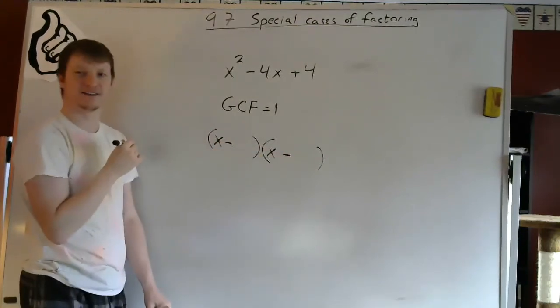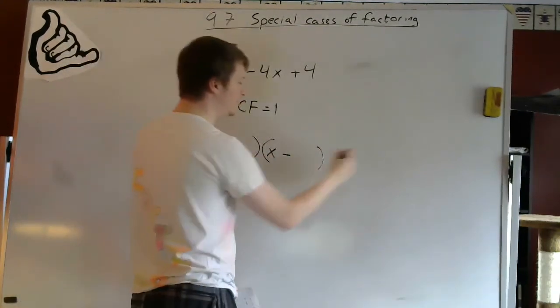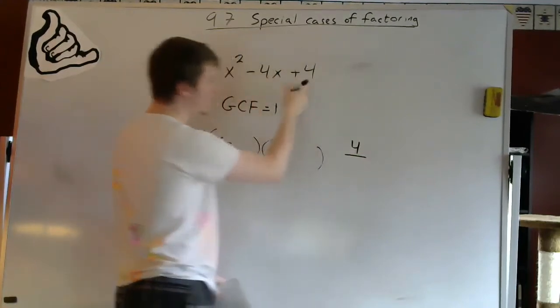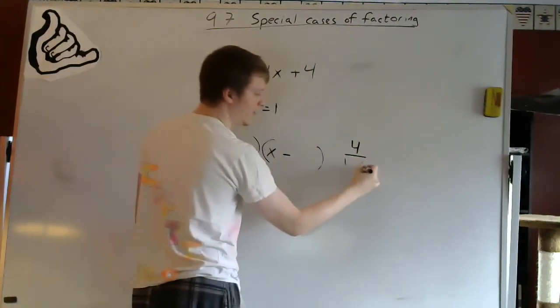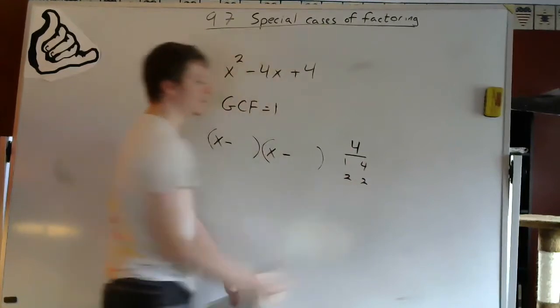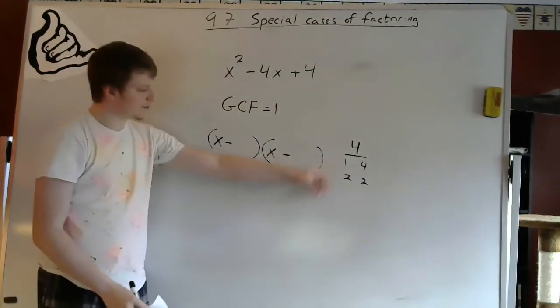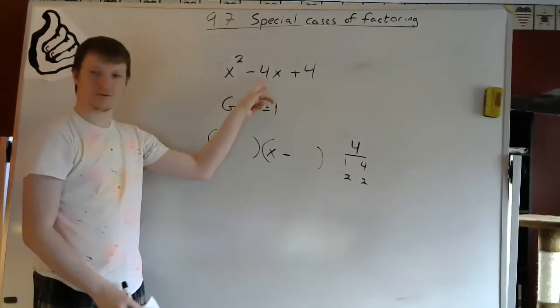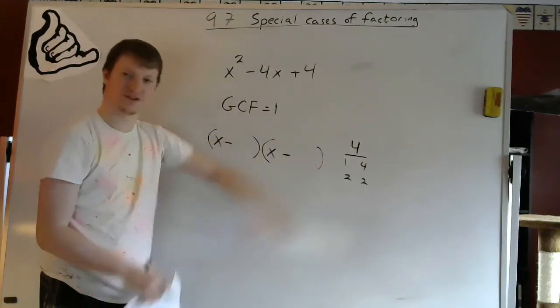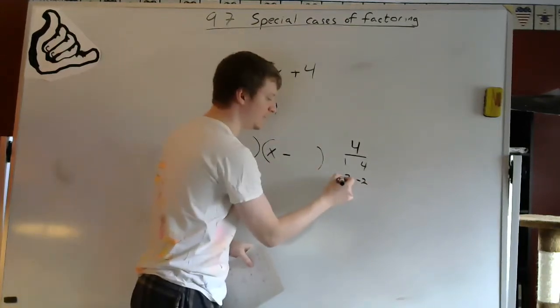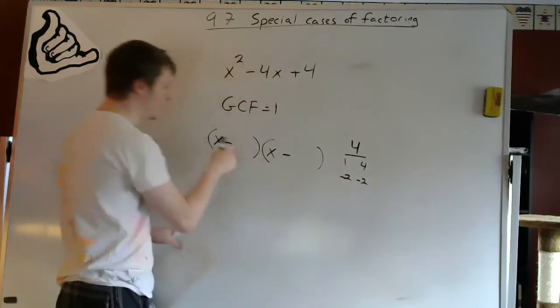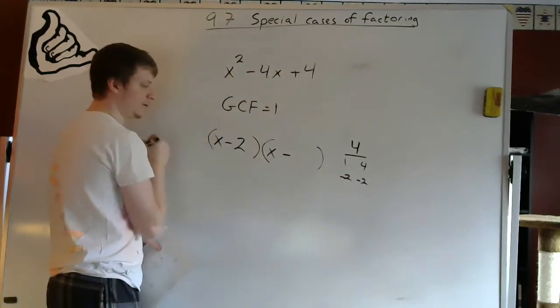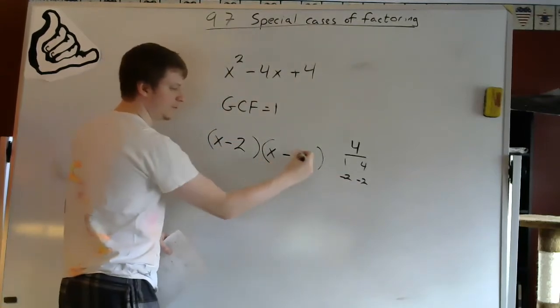Isn't that nice? If I want to know the numbers that go in here, I'm going to take that 4 that's on the end and factor it. 1 and 4, 2 and 2. Which one of these sets can I make 4 from? Well, I can make it from 2 and 2. A minus sign on this 2 and a minus sign on this 2. So I need my negative 2 here and a negative 2 here.